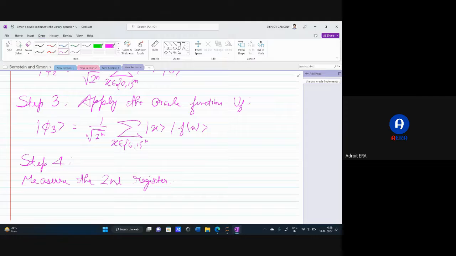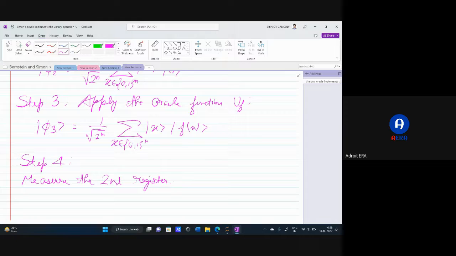When we were discussing Simon's problem just now, we saw that it is 2 to 1 according to a hidden bit string s, where it is guaranteed that x1 XOR x2 is equal to s, or x1 is equal to x2 XORed with s. That is the condition which comes into the picture here in step 4.